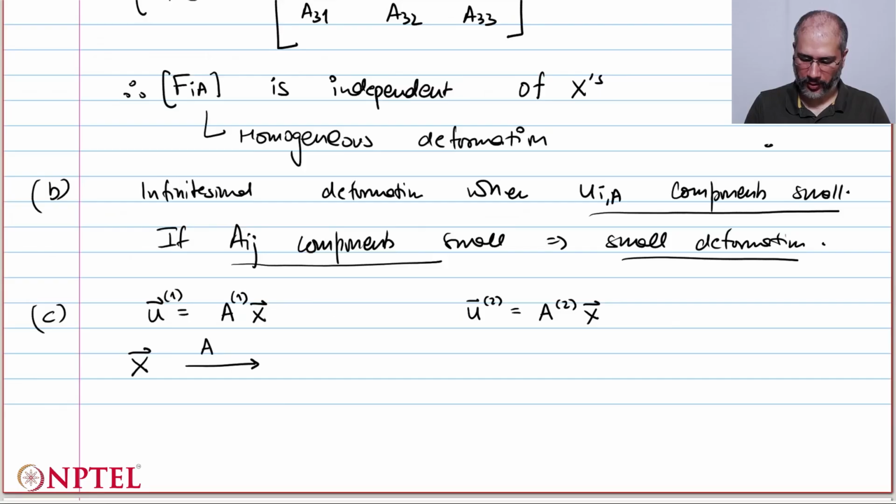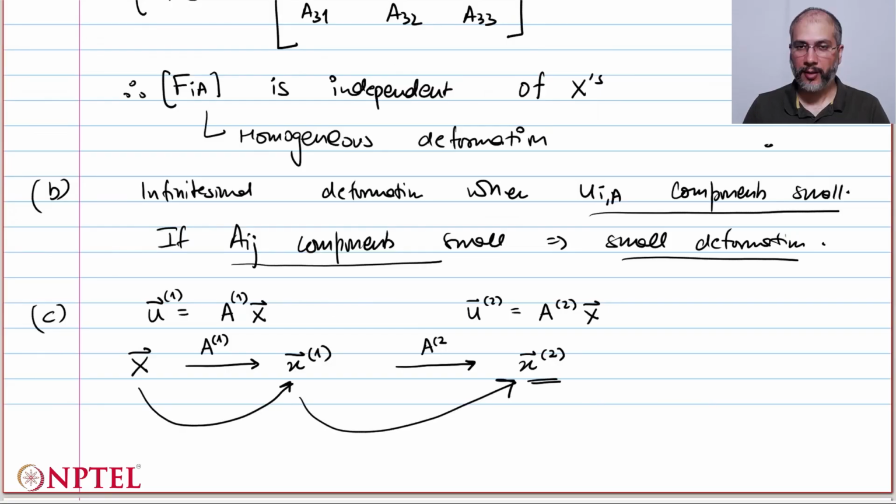Let us say the deformation, which is designated by A1, results in small x's. Let's call them small x1. So small x's are the new positions of the material particles because of the deformation. And now another deformation happens, which is A2, and this results in a newer position of the particles, designated by x2. So you see that we go from the material configuration to x1 to x2.